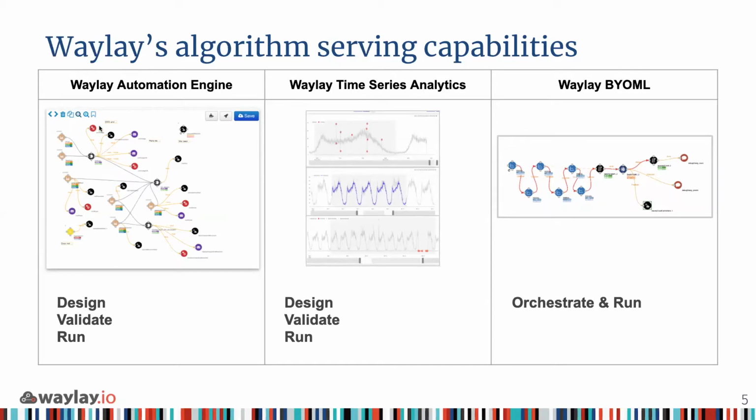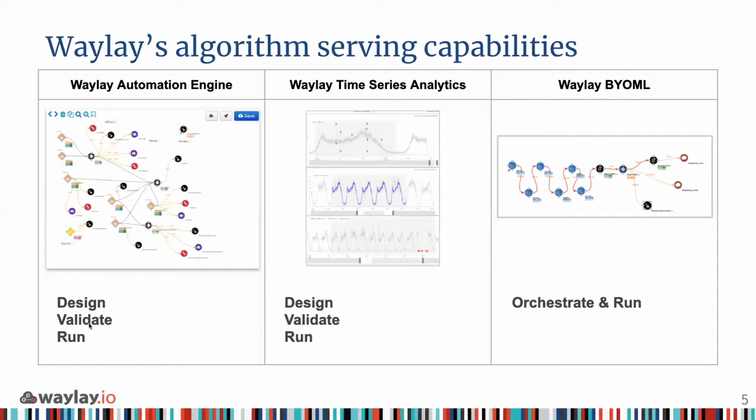So Waylay has a number of algorithm serving capabilities, again depending on what you want to do. Obviously, like I mentioned in the beginning, if you have heuristics or expert knowledge that doesn't really need any machine learning, but is more about threshold crossing, etc., you can use the Waylay automation engine to build templates like this, and let Waylay serve that knowledge, that algorithm, as a rule. So you can use the Waylay rule designer to design your rule.